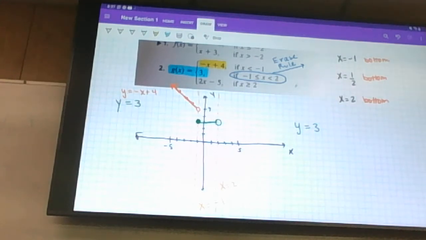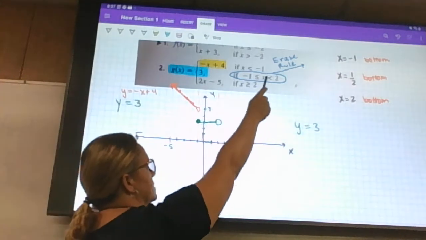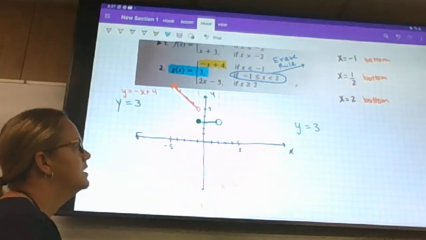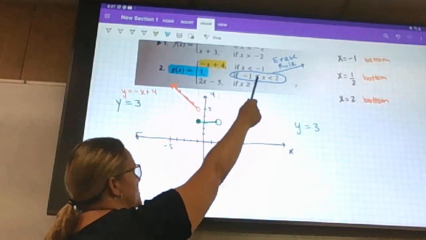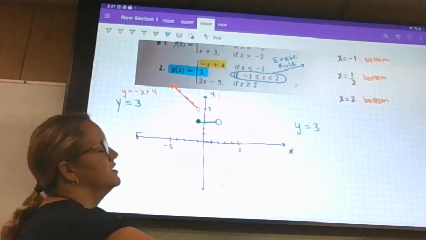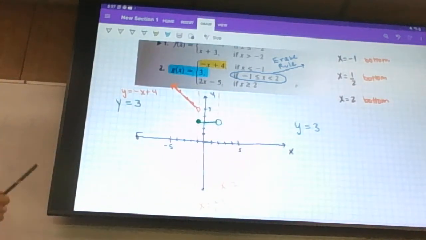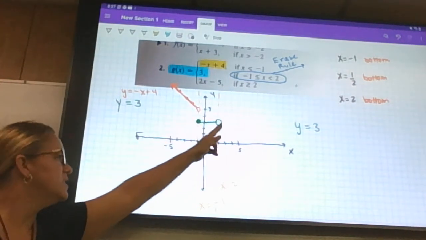So I erase everything to the left and everything to the right. x is only between these values. I got a closed dot on this one and an open dot on this one, and maybe right now that'll start to click. This would be a bracket, and that would be a parenthesis.